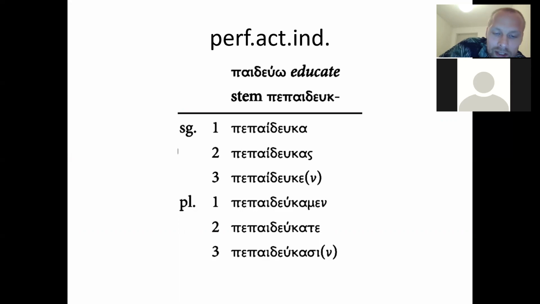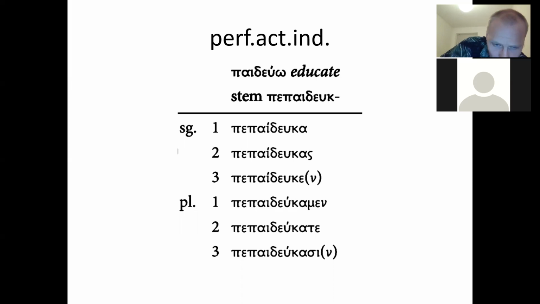So if we begin with the indicative, we have here pepaideuka in the first person singular, pepaideukas in the second person singular, pepaideuke in the third person singular, pepaideukamen in the first person plural, pepaideukate in the second person plural, and pepaideukasin in the third person plural.